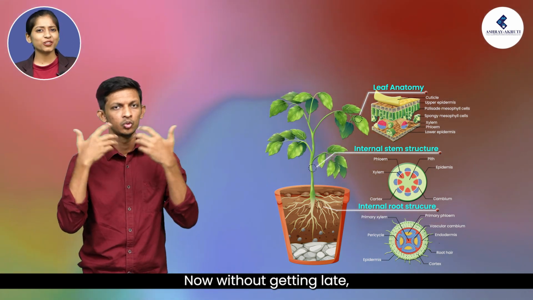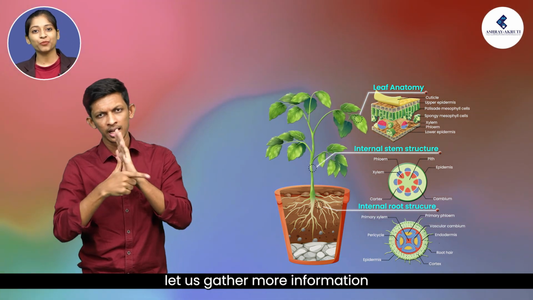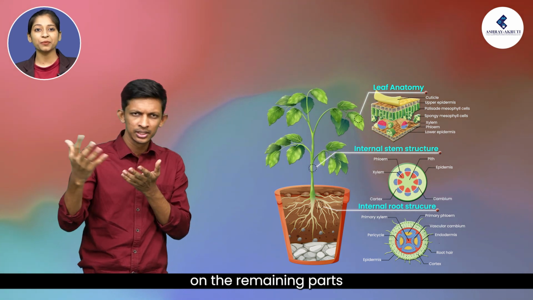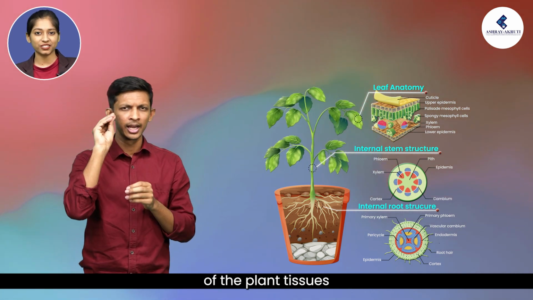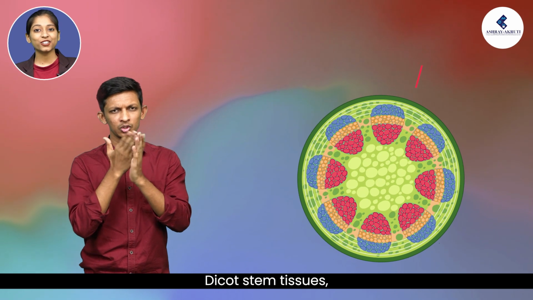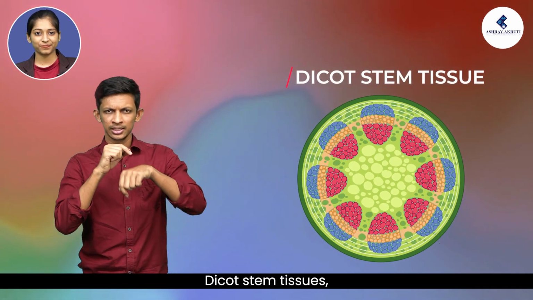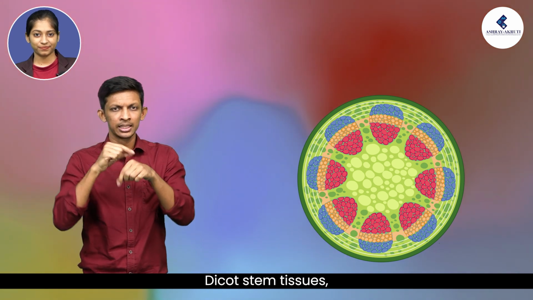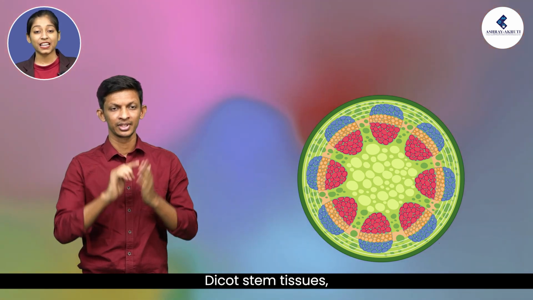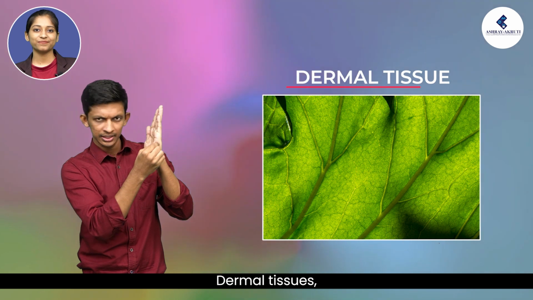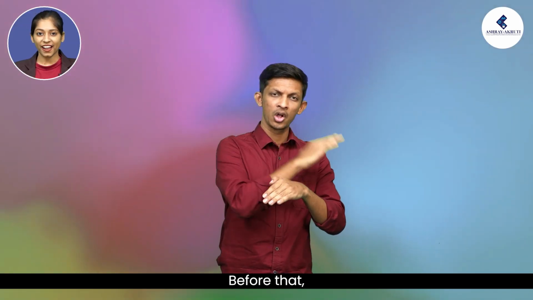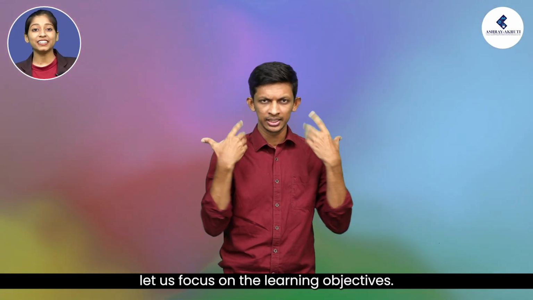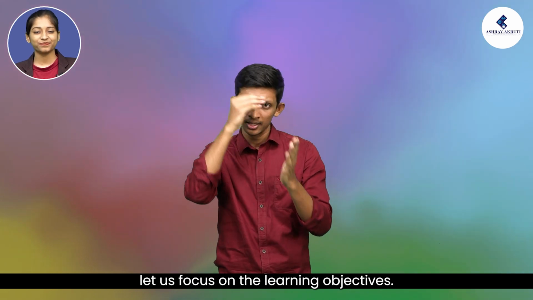Now, without getting late, let us gather more information on the remaining parts of the plant tissues like dicot stem tissues, dermal tissues. Before that, let us focus on the learning objectives.